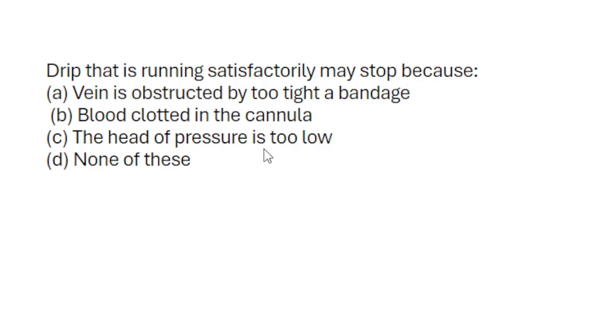Why is it stopping? A. A vein is obstructed by too tight a bandage, B. Blood clotted in the cannula, C. The head of the pressure is too low, D. None of these. So the drip line is okay, it is running satisfactorily, but in between the flow is stopped, because if any blood clot is there in the cannula, then there is a stoppage in the running drip. So the answer is blood clotted in the cannula.